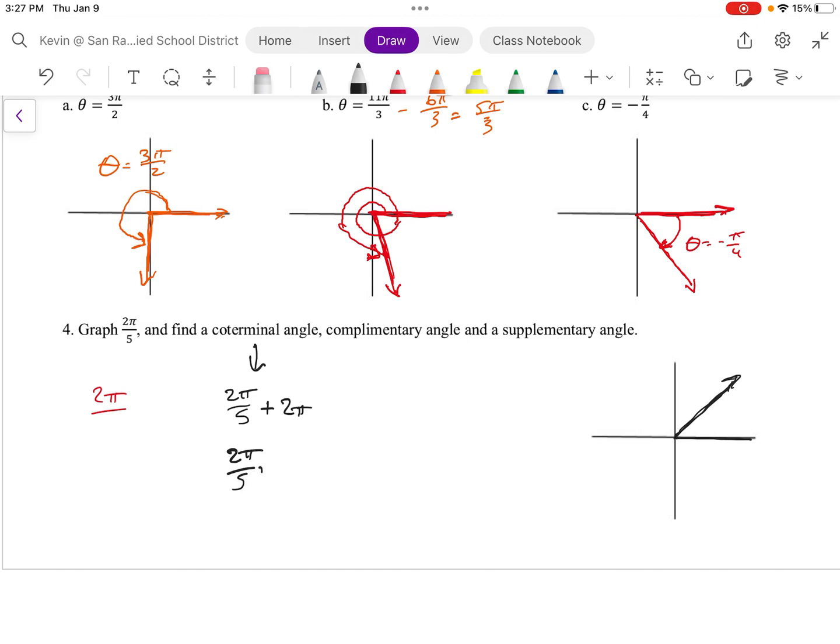So that'd be 2 pi over 5 plus 10 pi over 5, so 12 pi over 5. That'd be my coterminal angle, starting here and going around once, and then to here.